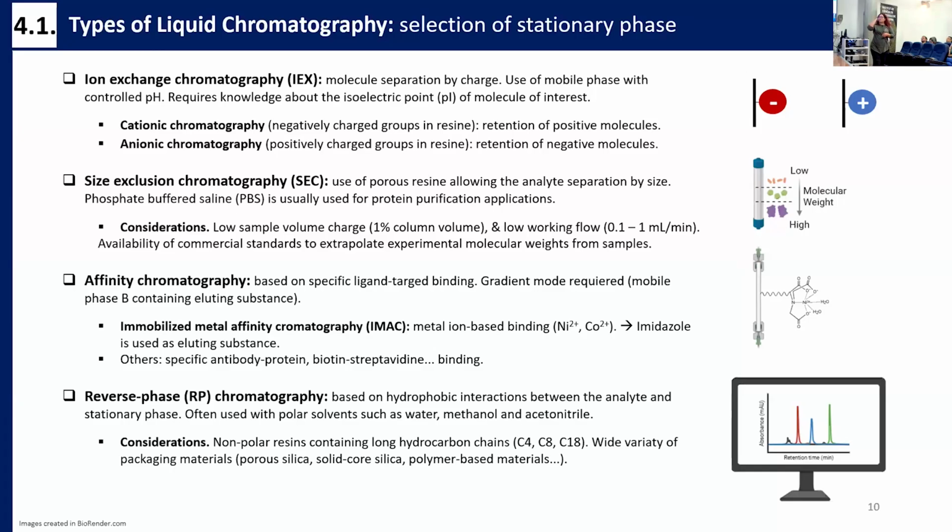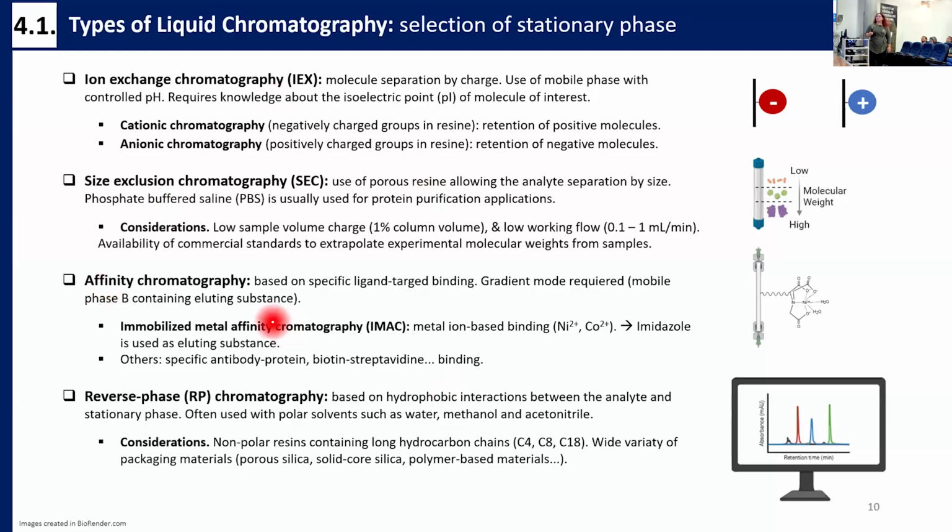In this chromatography, it's important to keep in mind that we have a limited sample volume to work with, because if we surpass this volume, we will contaminate the chromatography and we will not have a good separation of the samples.